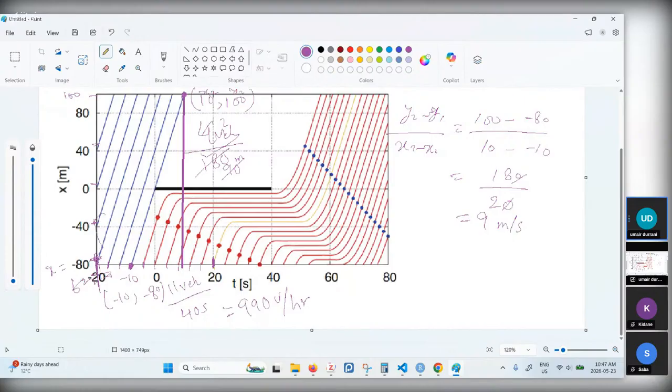Okay, pretty close. 4 divided by 180 and 1 divided by 40.